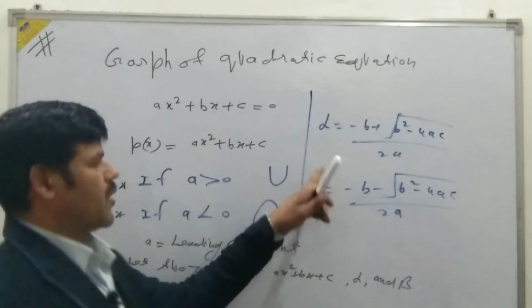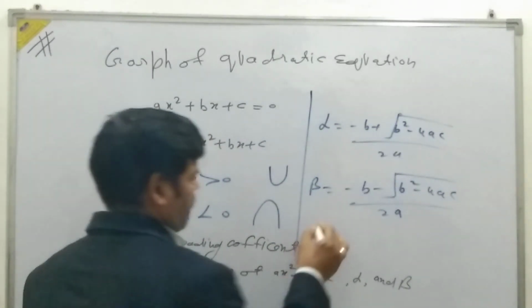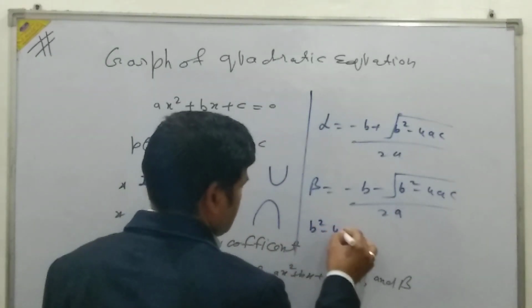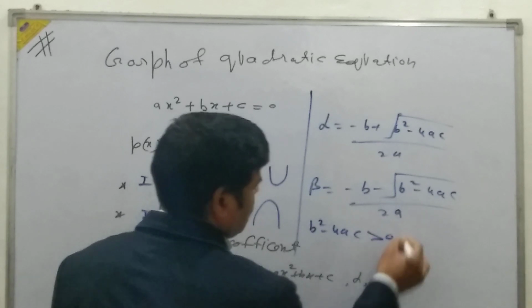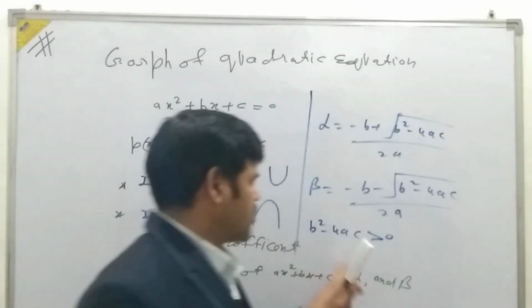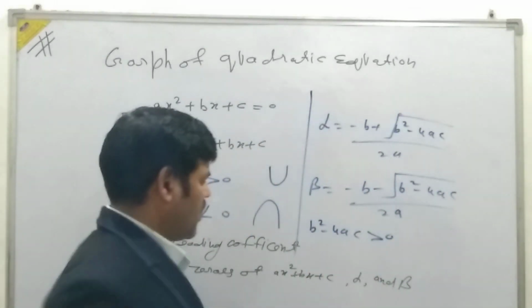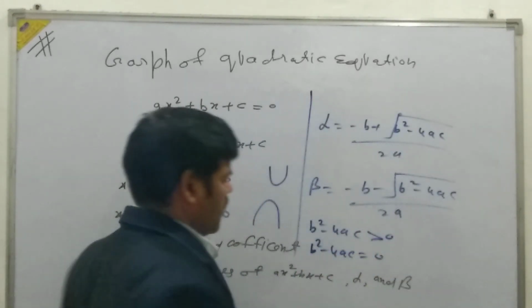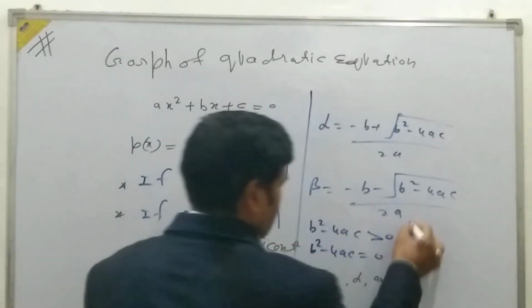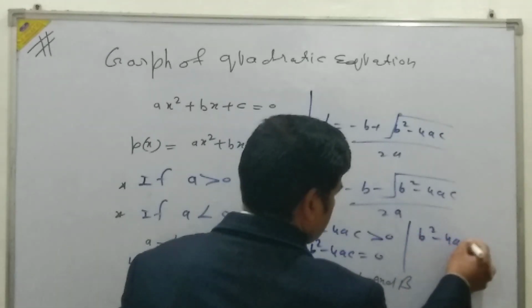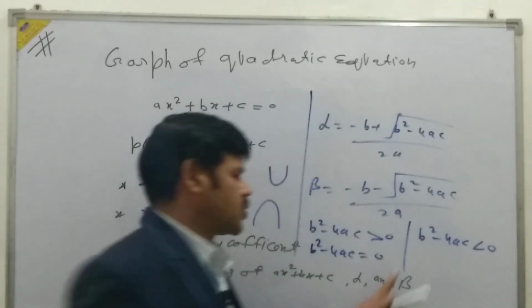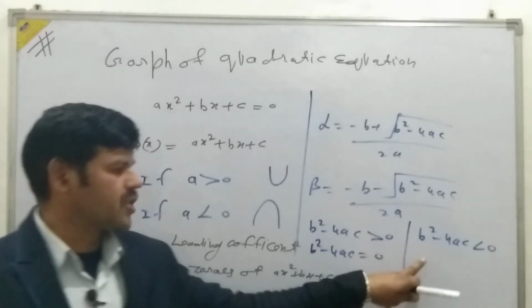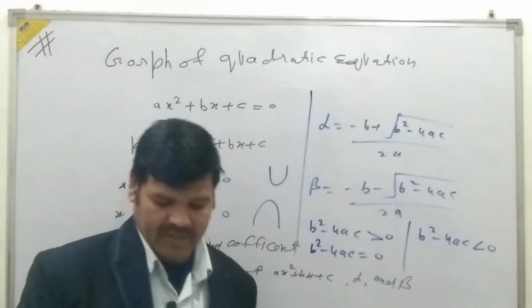If b square minus 4ac is greater than 0, then both roots are different and unequal. If b square minus 4ac equal to 0, then both roots are equal. If b square minus 4ac is less than 0, then both roots are imaginary.